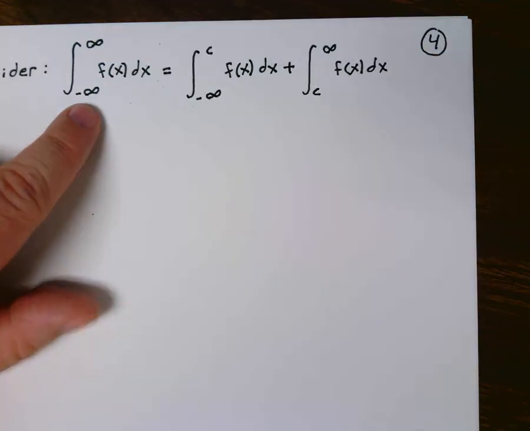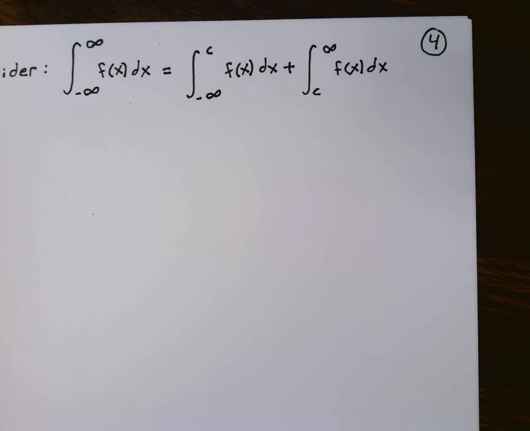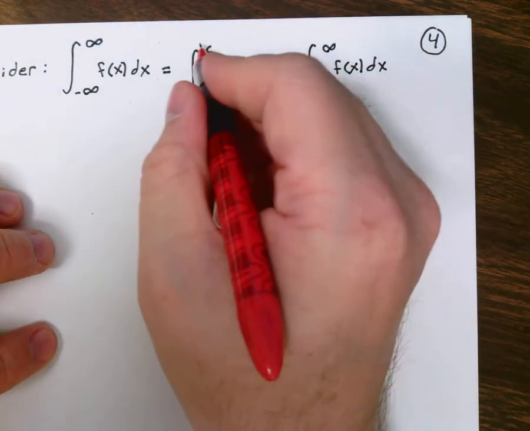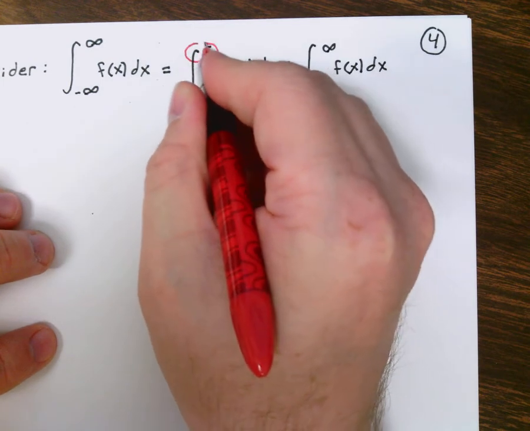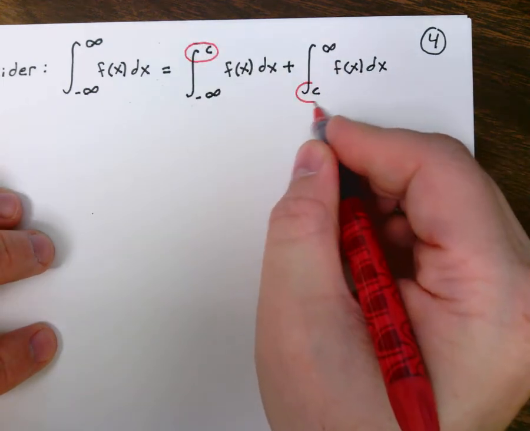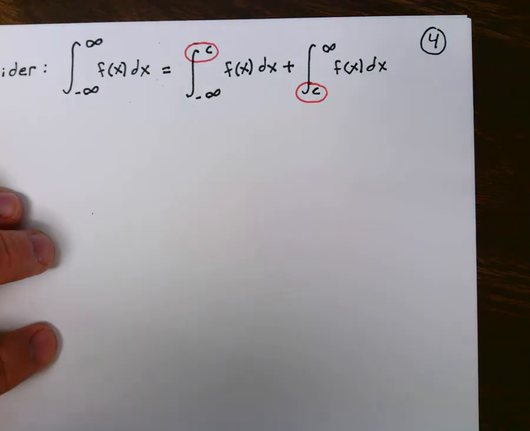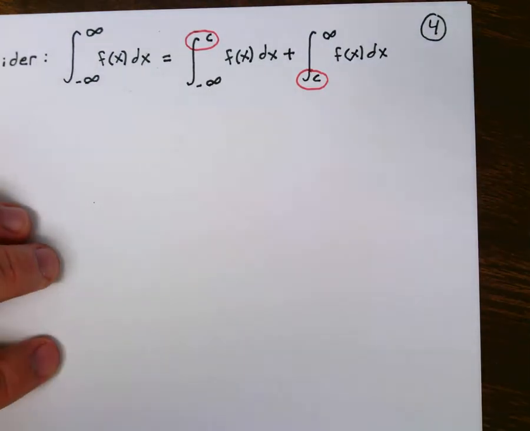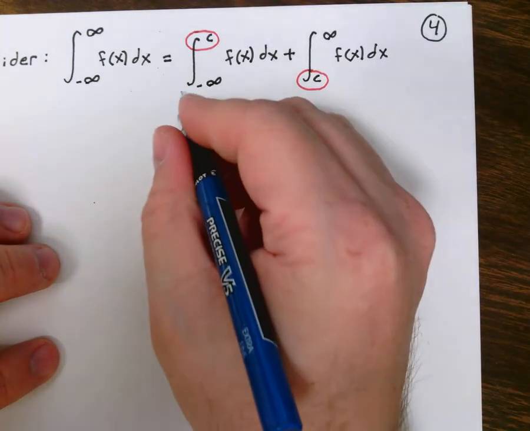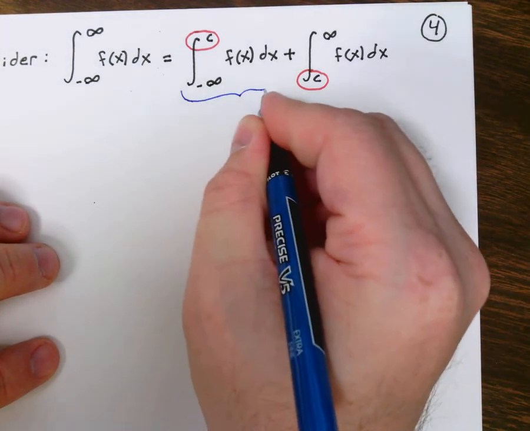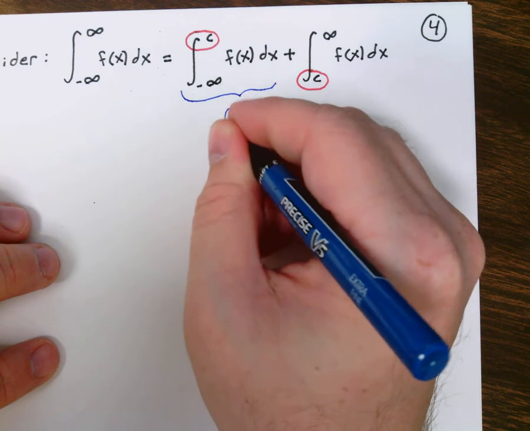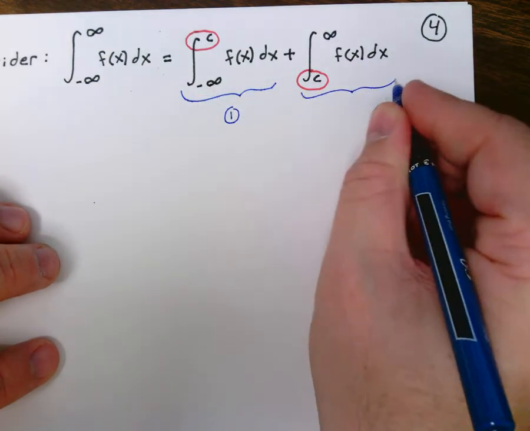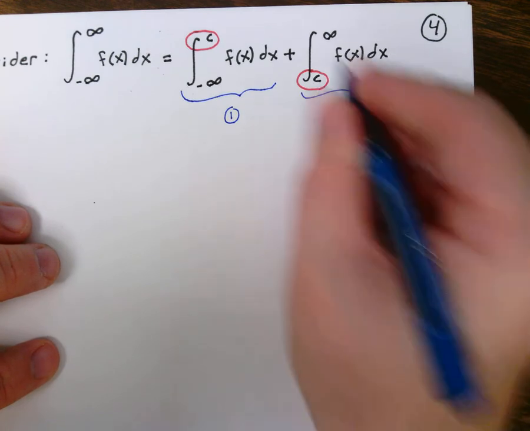And then you look at them, and make sure they're the same, by the way. So these c values that you pick, you basically just split the integral up, which makes sense. Now you have two things to integrate: this one with negative infinity, and this one to positive infinity.